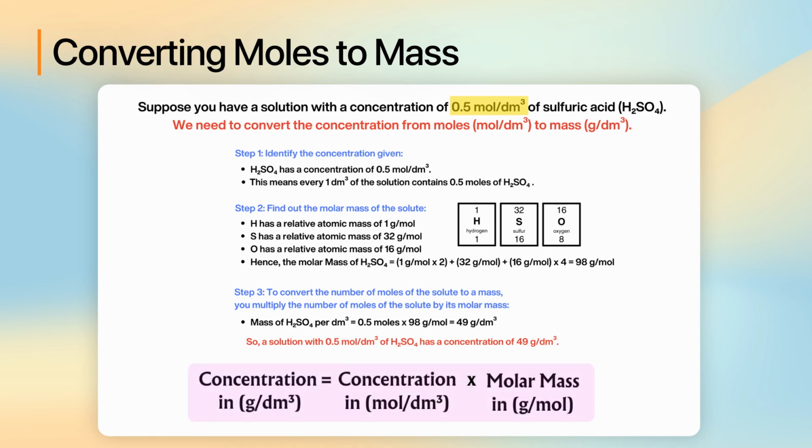This can be summed up as the equation. Concentration in grams per decimeter cubed is equal to concentration in moles per decimeter cubed multiplied by the molar mass in grams per mole. By understanding and applying these conversions, you can easily switch between the two concentration units depending on the context of the problem you are solving.